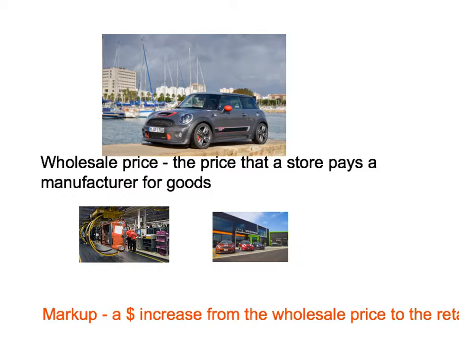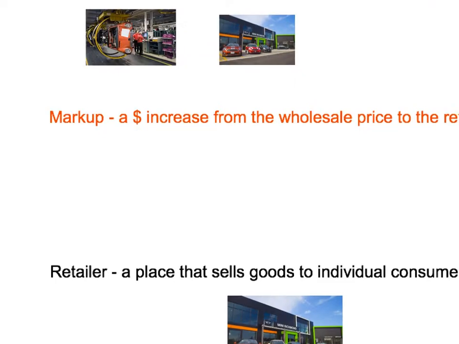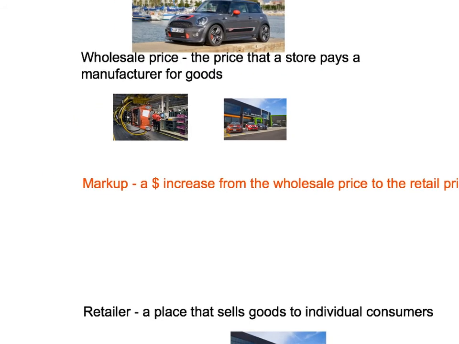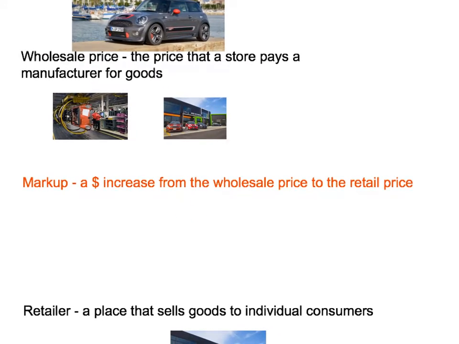It's what Shoe Carnival is going to pay Nike and Adidas and Reebok and all that stuff. So what's the markup? Well, markup is an increase from the wholesale price to the retail price.